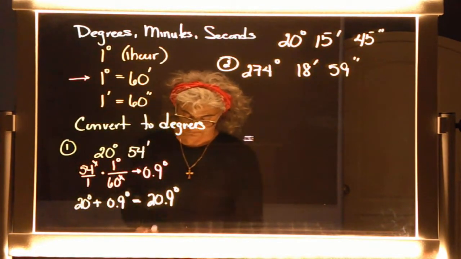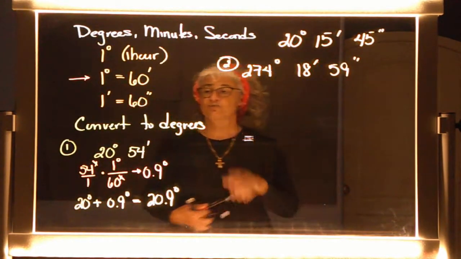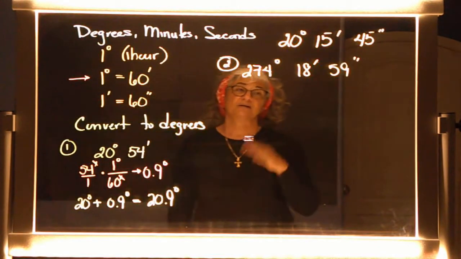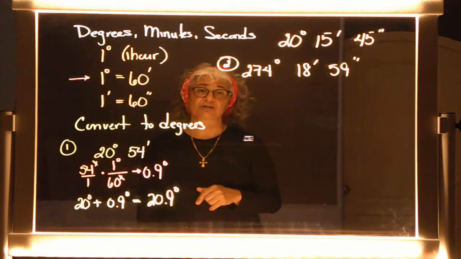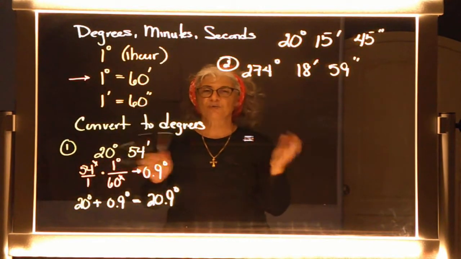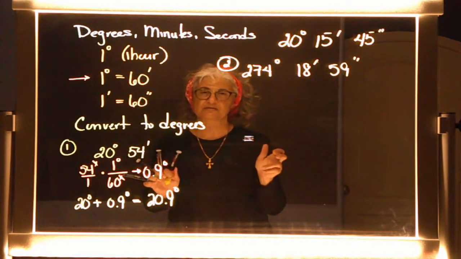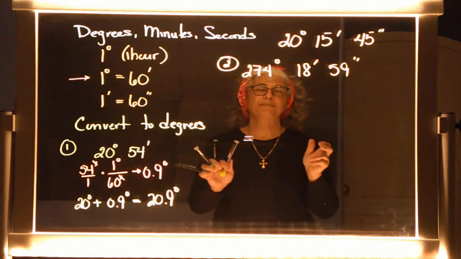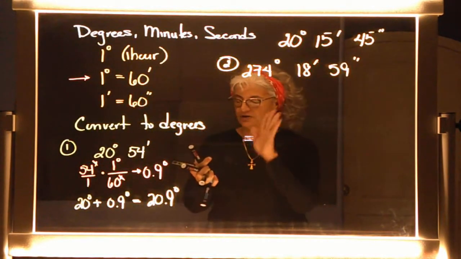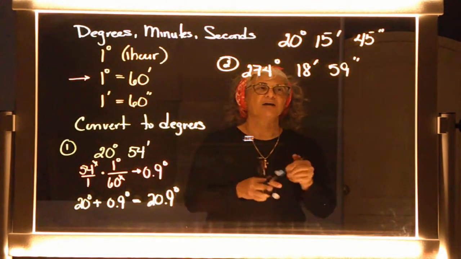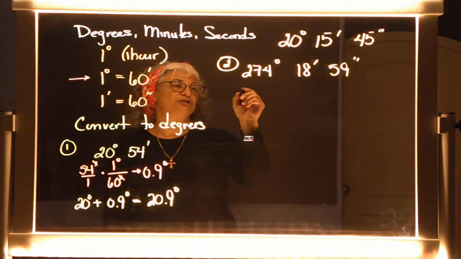Now, directions haven't changed. They want me to convert to degrees. So, I have 2 things to convert to degrees, don't I? There's a couple of different ways you can actually do this, all right? So I'm going to show you one way, but there are others. So follow along with me. I want to convert my 18 minutes into degrees.